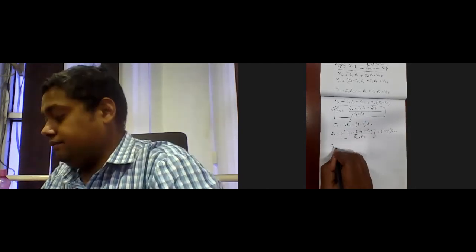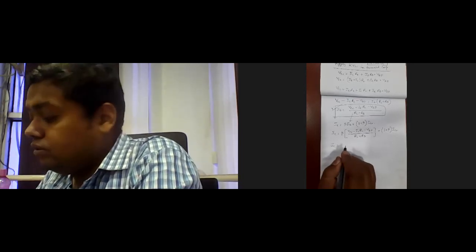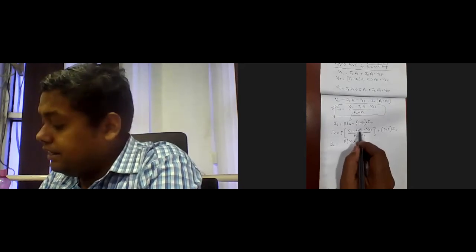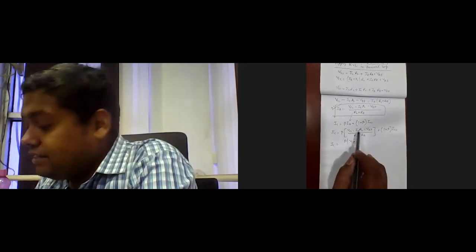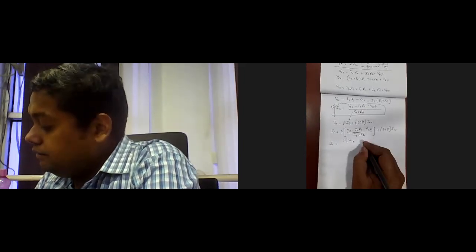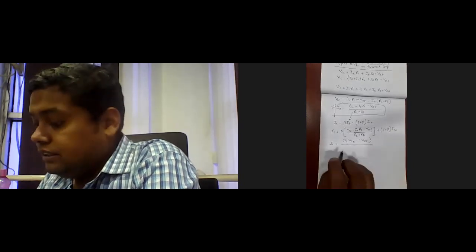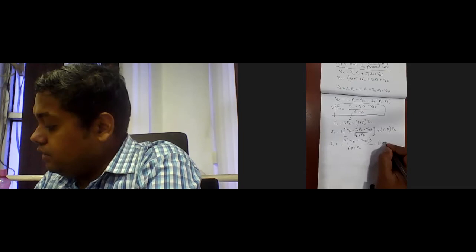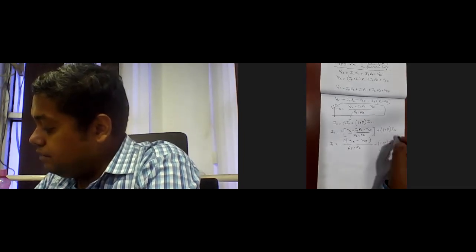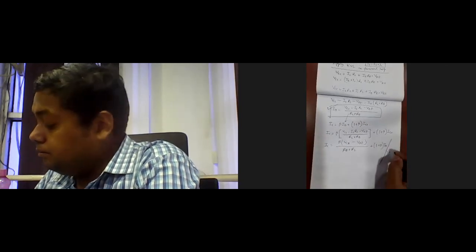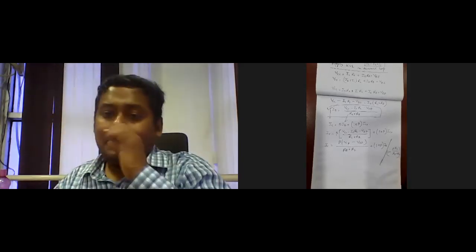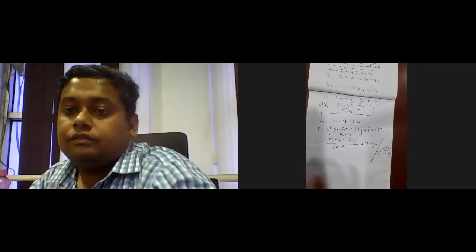The final value is IC equals beta into (VCC minus VBE) divided by (RB plus RL), plus (1 plus beta) ICO, all divided by (1 plus beta RL divided by (RB plus RL)). This is the total value.